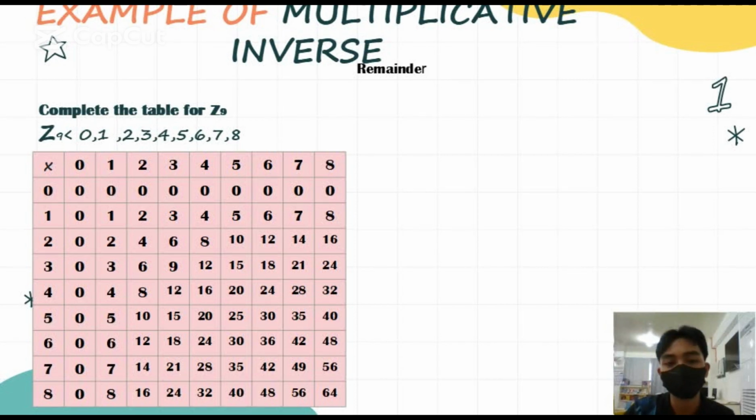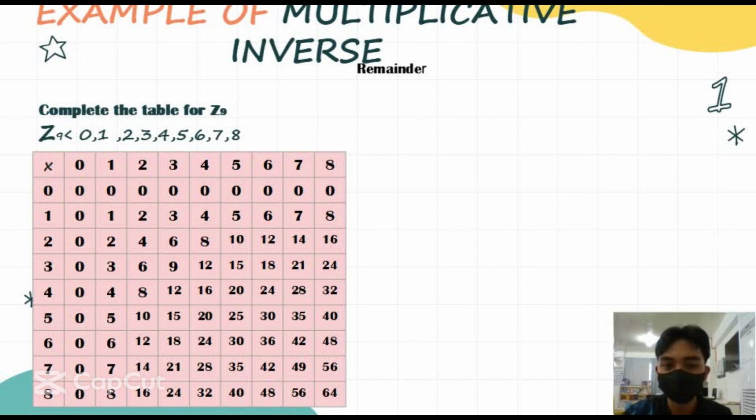So that's how you get the multiplication using this table. I-times lang nimo ang iyahang row sa iyahang column, kani row and this column. So mao ni ang iyahang mga answers sa pag-i-multiply nimo.